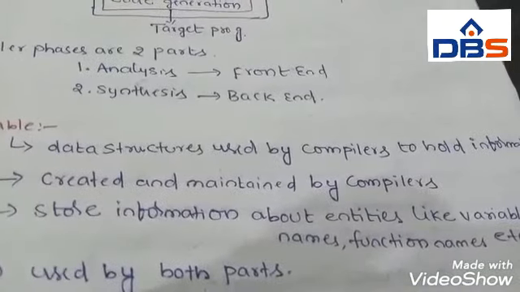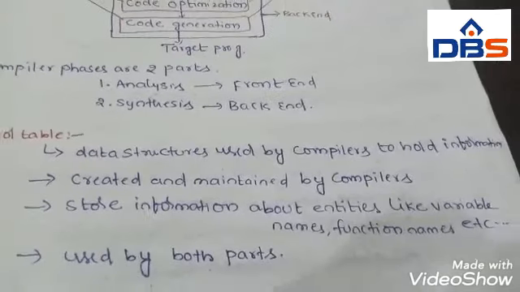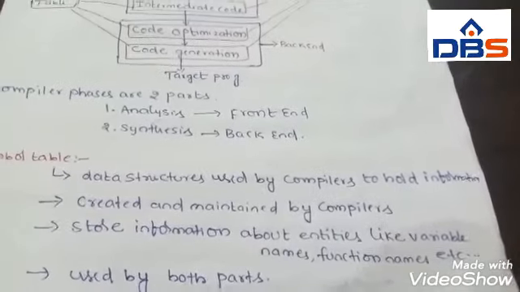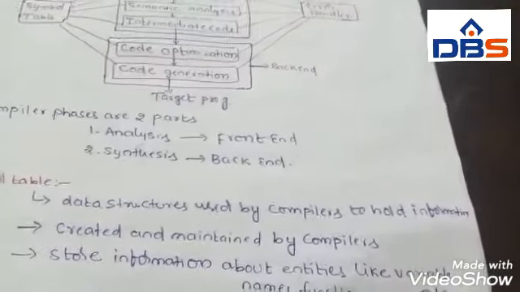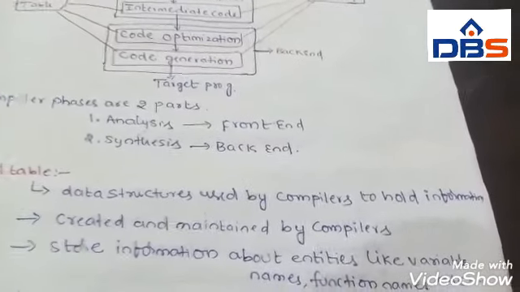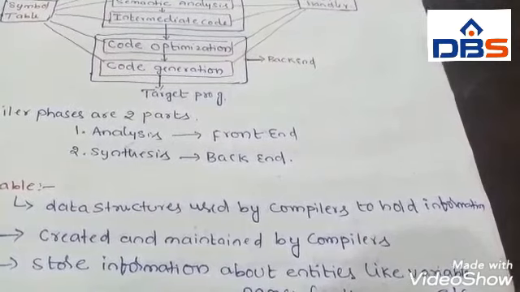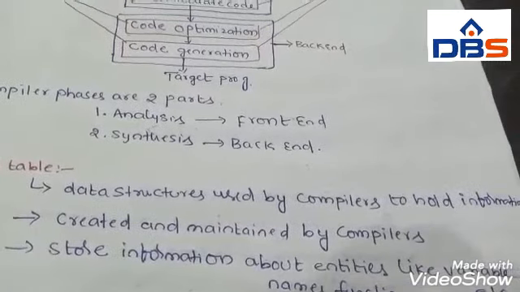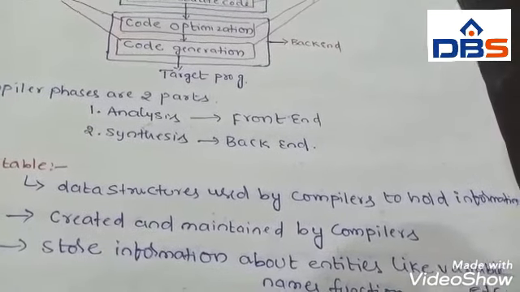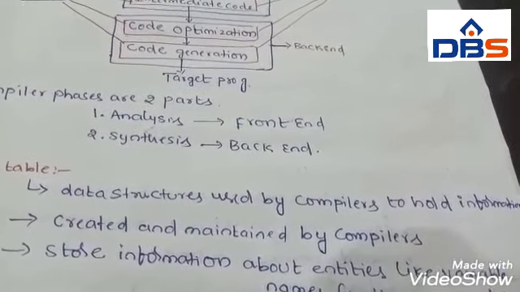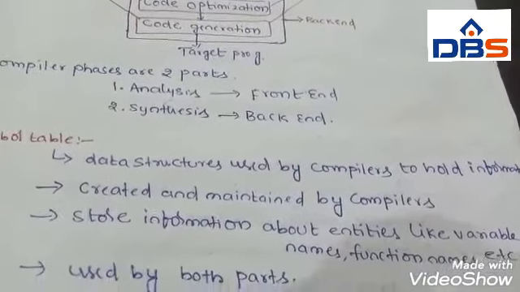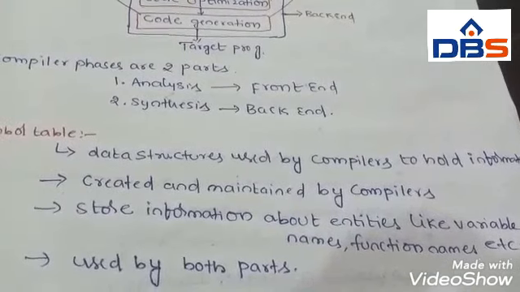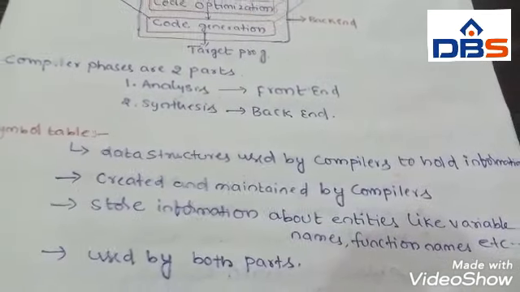Symbol tables are data structures used by compilers to hold information about source program constructs. A symbol table is a data structure created and maintained by compilers to store information about the occurrences of various entities such as variable names, function names, objects, classes, interfaces, etc. The symbol table is used by both the analysis part and the synthesis part of a compiler.